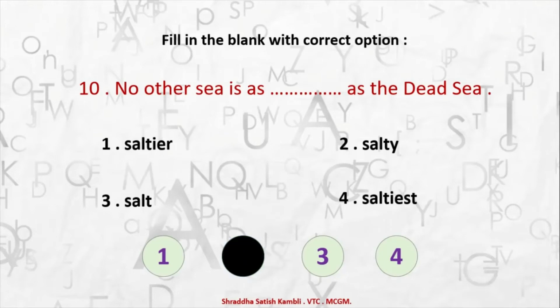So you say no other sea is as salty as the Dead Sea. Suppose you wanted to make use of the word saltier, then what would you say? Dead Sea is saltier than all other seas. Alright, so this was the second paper pattern for you, where we fill in the blank with the correct option.